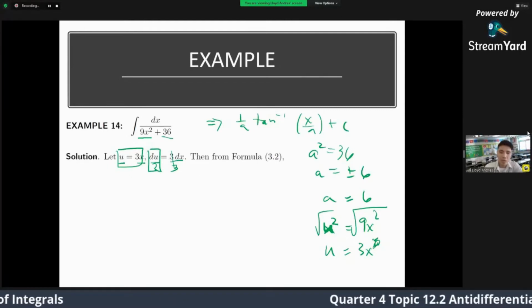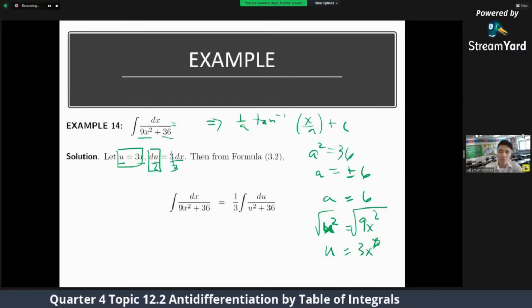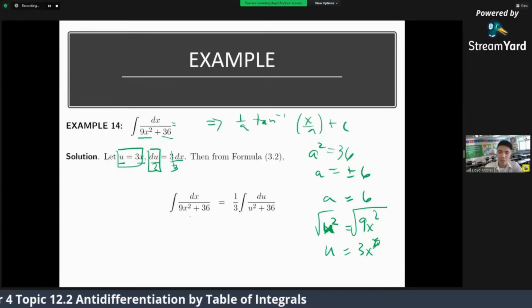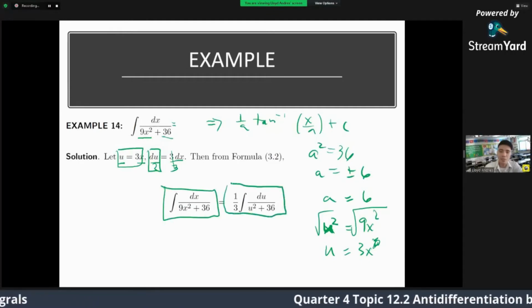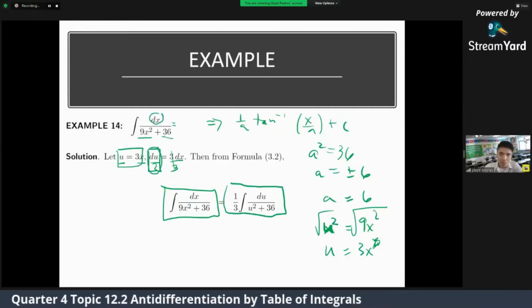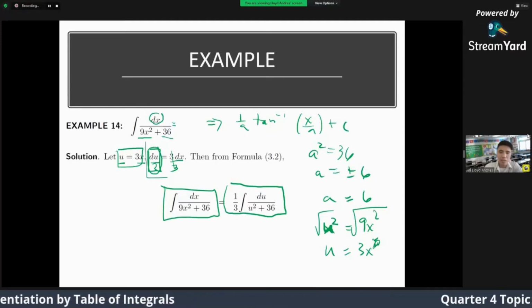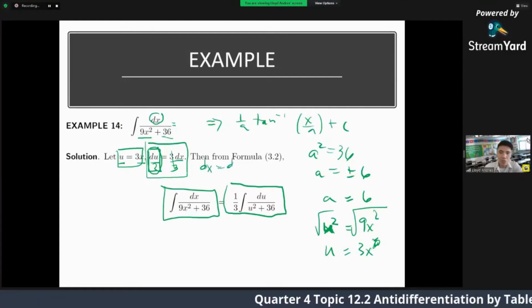So, by the way, this can now be written as, ikuha na nato ang pagsulat ha, kana. So, kani can now be written as, ingani. Dx man ni diri, di ba? Which is ang dx nato is kana man. Di ba, na-isolate na nato si dx dari nga side, which is ang dx nato is just du over 3.